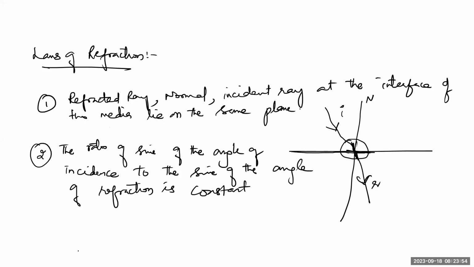This is the second law, right? So we have written sine i by sine r equal to constant.